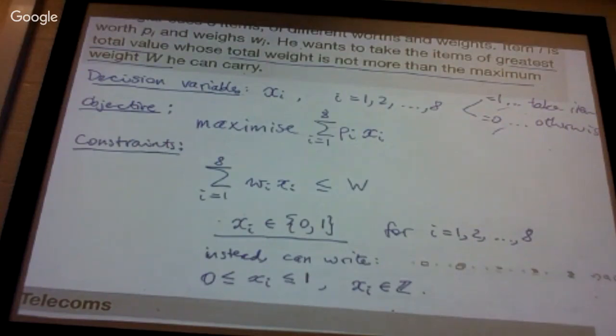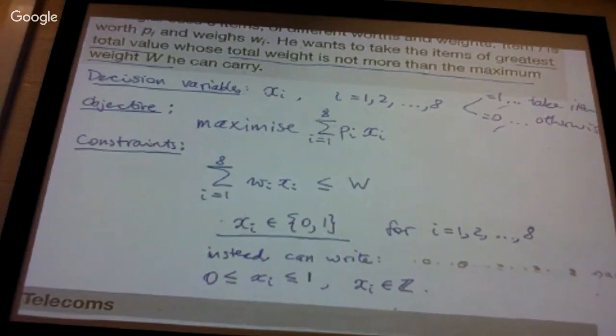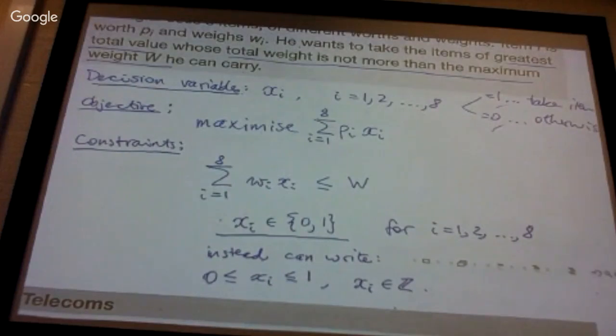It's the same thing as saying it's 0 or 1. That kind of justifies that we can use this, because strictly speaking, that is not a linear inequality. But these are linear inequalities, and together with the integrality, which we're also allowed to use, we can then write that. That's simple.